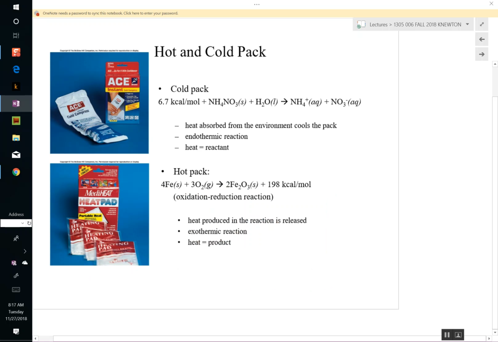And I think here's a couple practical examples. Cold packs. Next time you're in Walgreens or CVS, and you're buying a cold pack, look on the back of it, and you'll see the ingredients. Ammonium nitrate. That's what's in the cold pack.